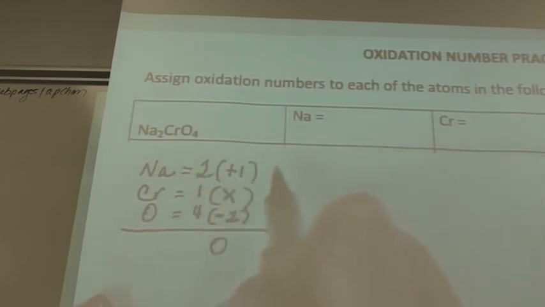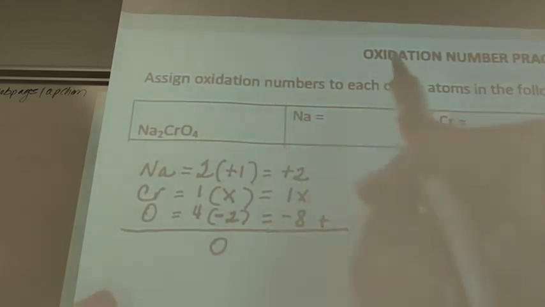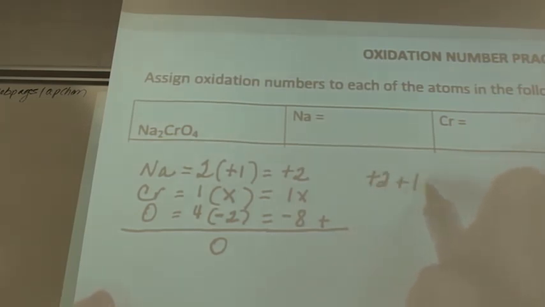2 times +1 is +2. 1 times x is 1x. 4 times -2 is -8. I'm going to add these all up, and I know the whole equation equals 0. +2 plus 1x plus -8 is equal to 0.